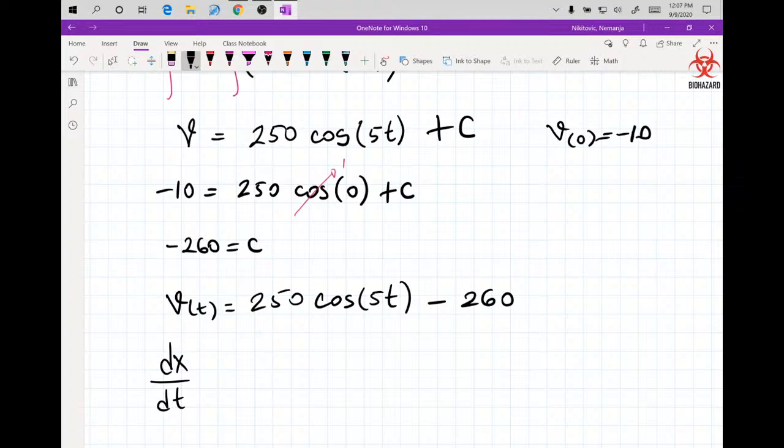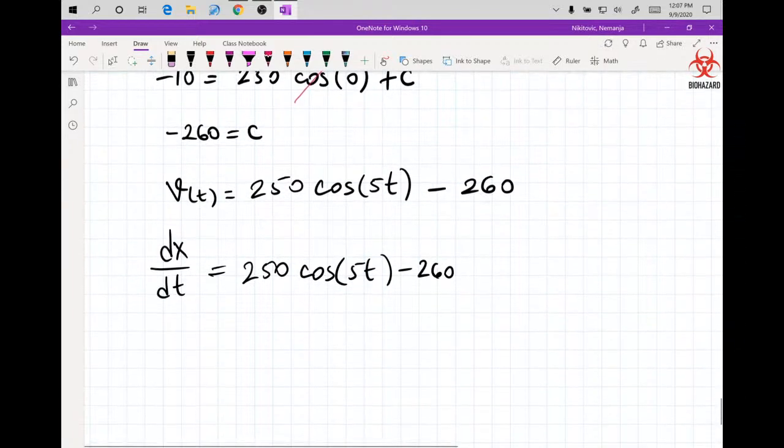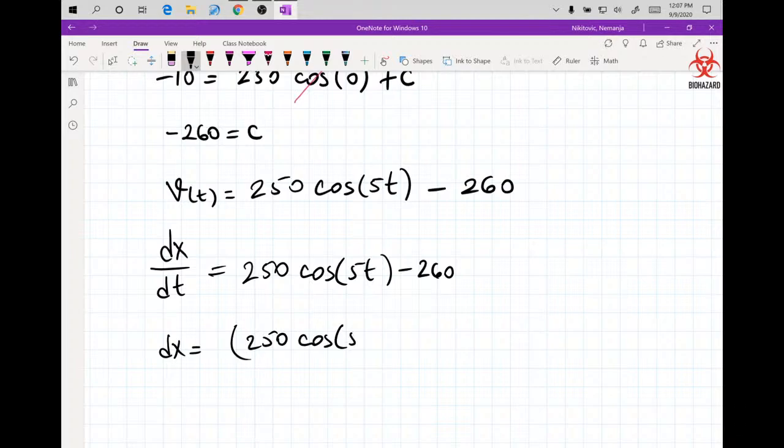So that's why velocity changes position. And we have our 250 cosine 5t minus 260. So we do separation of variables, where dx is equal to 250 cosine 5t minus 260 dt.